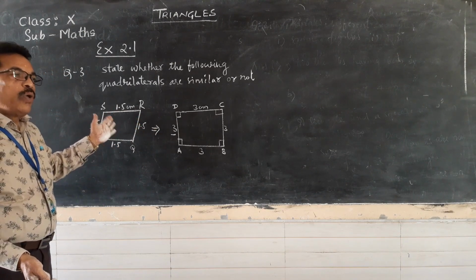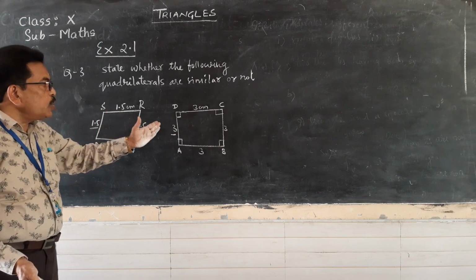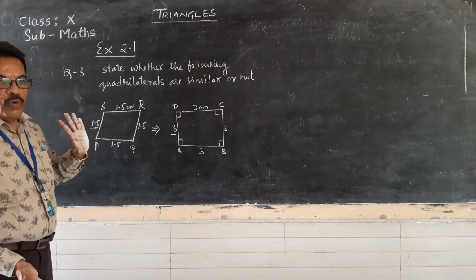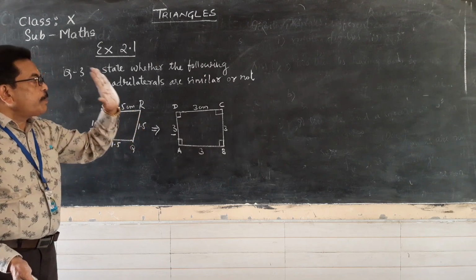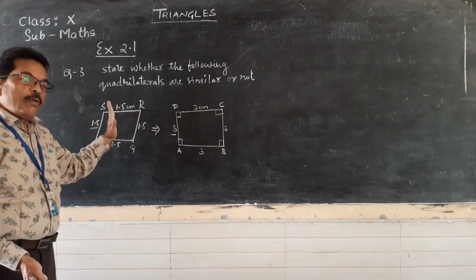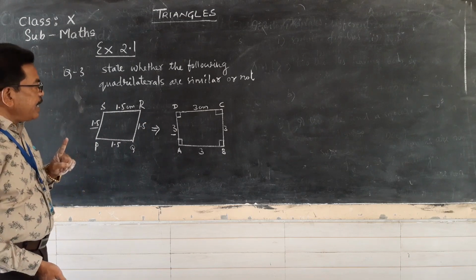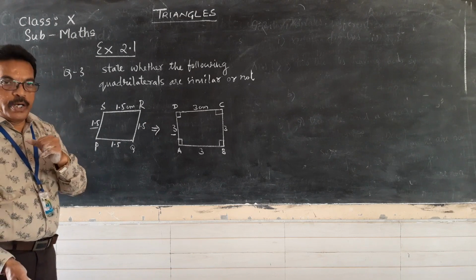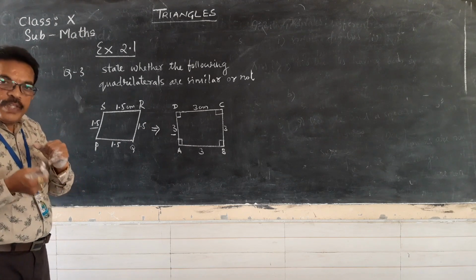So the ratios of these two figures are equal. According to the property of proportionality, both figures are proportional. Second, they should satisfy the equiangular property, that is, the corresponding angles should be equal.